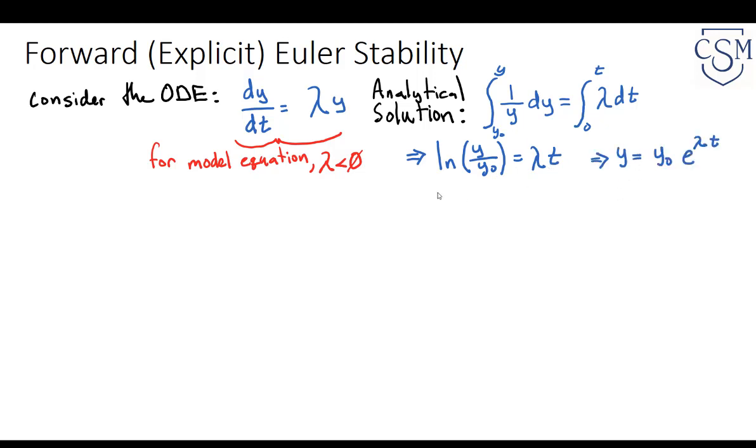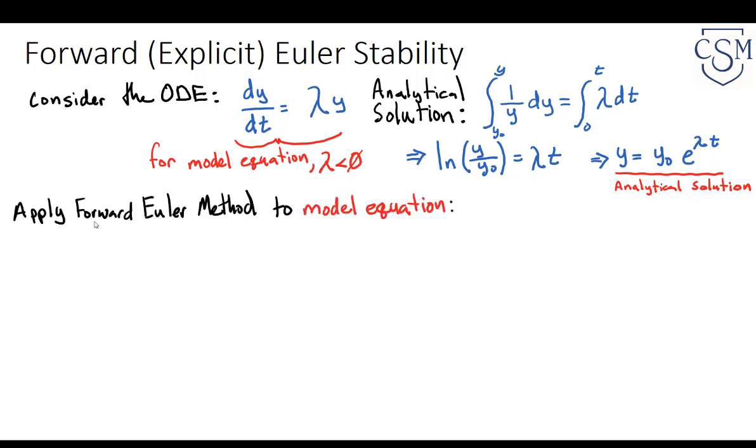And we can rearrange this in terms of what we'd like to solve for. y is equal to y naught, the initial value of y, times e raised to the power of lambda t. Now, for our model equation, since lambda is negative, we see that this is an exponentially decreasing function. So it is getting smaller with respect to t. This is our analytical solution, so this is the exact solution.